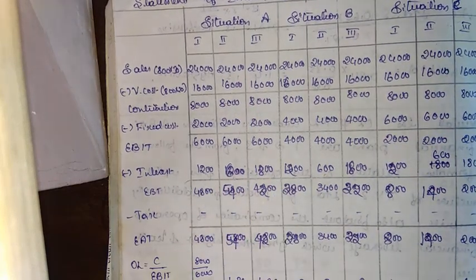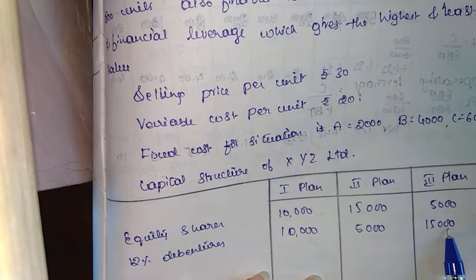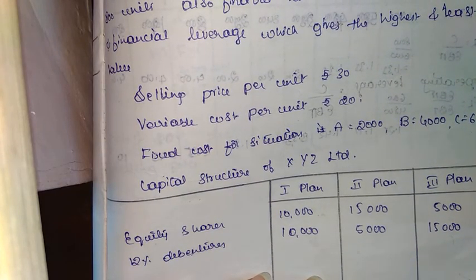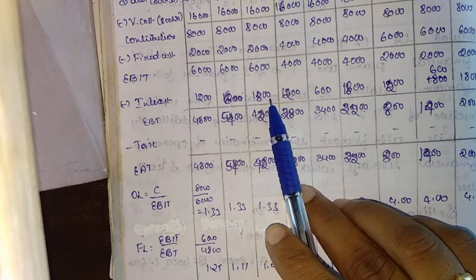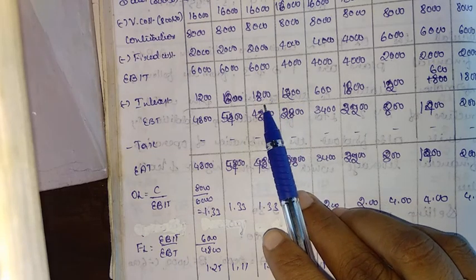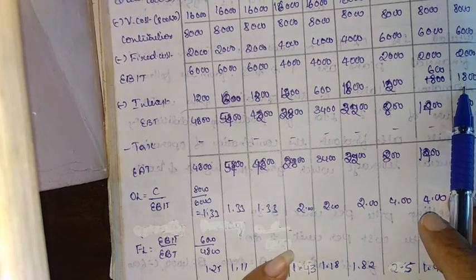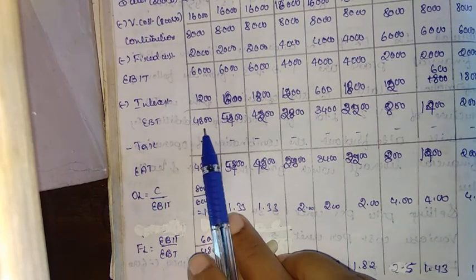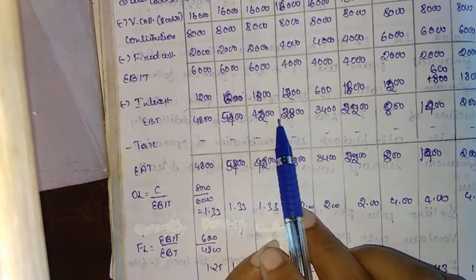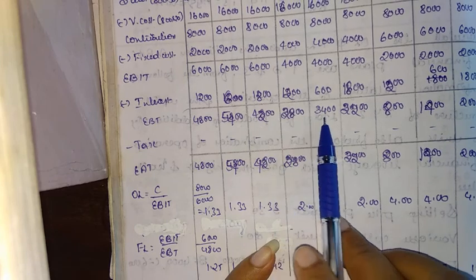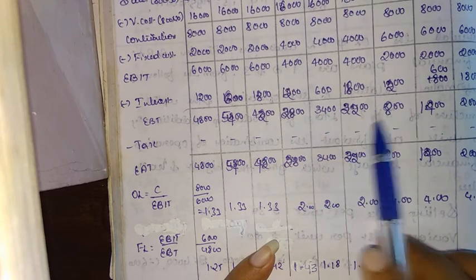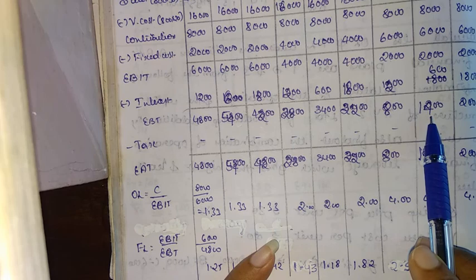Plan 3 has debentures of 15,000 at 12%, so interest is 1,800 each. So you'll get EBT: 4,800, 5,400, 4,200, 2,800, 3,400, 2,200, 800, 1,400, 200.